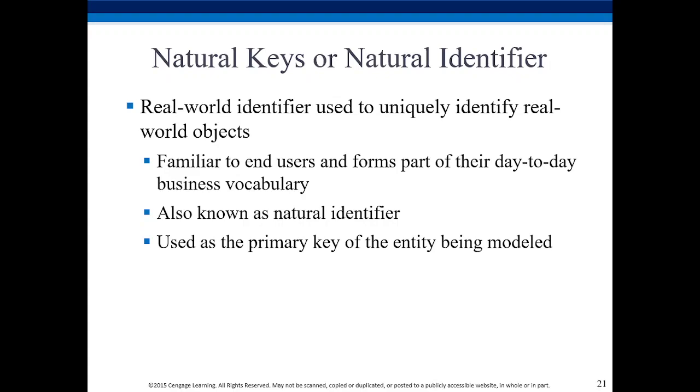Some users are already familiar with them, so we can definitely use it as an identifier or primary key. It is familiar to users and forms part of their day-to-day business vocabulary. Since it is used in the real world, we can say that this is a natural identifier, used as the primary key of the entity being modeled.